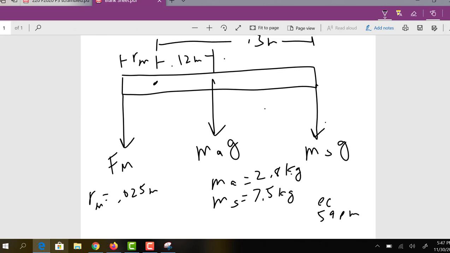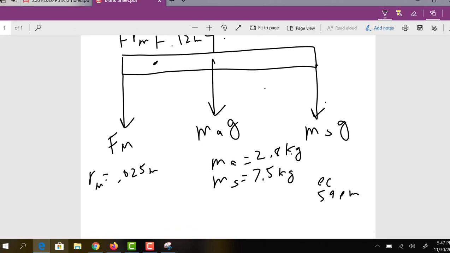So if I'm going to balance torques, I could do something like this. The torque from the muscle, making it go one direction, is equal to the torque from the arm plus the torque from the shot put. Now the torque from the muscle is the force and then the perpendicular distance, which is just called r sub m here. That's going to be equal to the torque from the arm. Torque is force and then perpendicular distance.